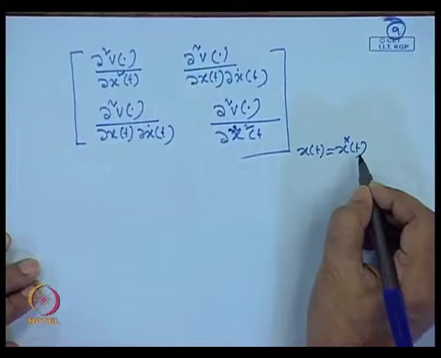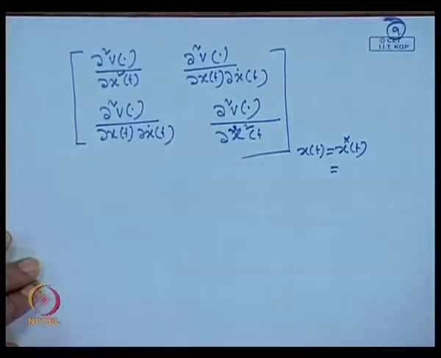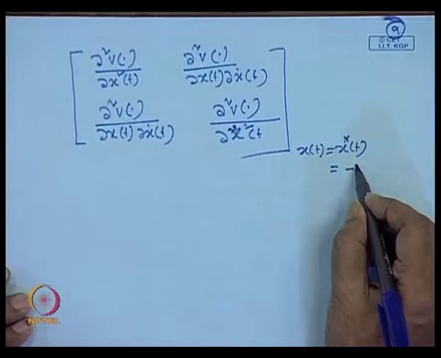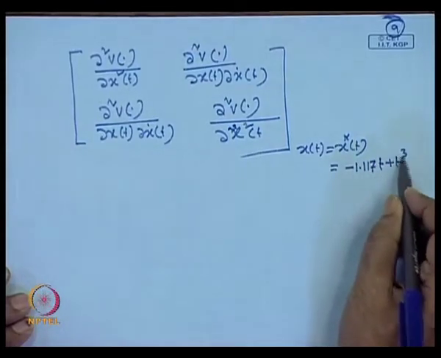What is x star of t? In the first case, when t f is equal to 1.551 second, we got minus 1.117 t plus t cube.